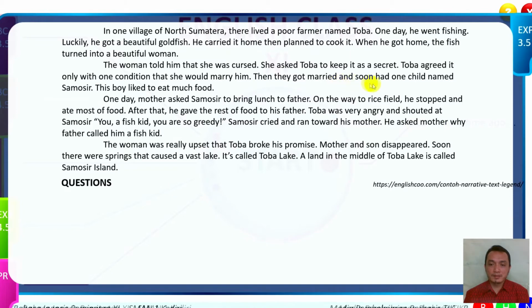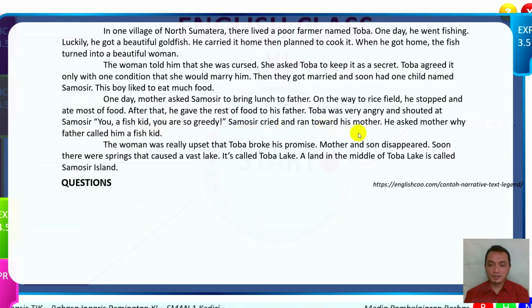Then they got married and soon had one child named Samosir. This boy liked to eat much food, and one day the mother asked Samosir to bring lunch to his father. On the way to the rice field, he stopped and ate most of the food. After that, he gave the rest of the food to his father. Toba was very angry and shouted at Samosir, "You fish kid, you are so greedy."